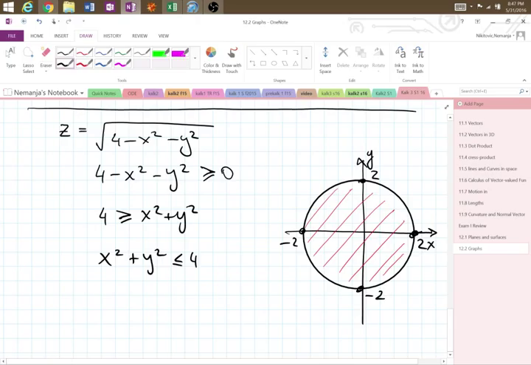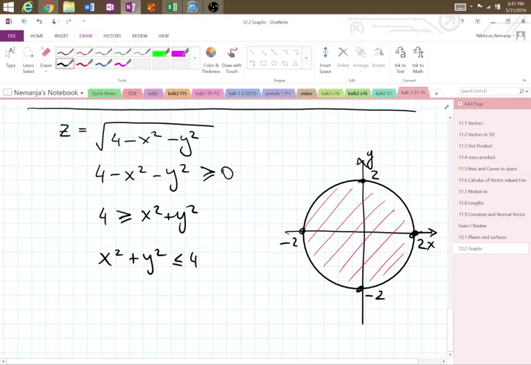Good. Hopefully we understand the domain. So domain will be the set of points on the xy plane, the set of all x comma y ordered pairs, which when computed in the equation that is given to us produces a z value, and a z value paints the shape.